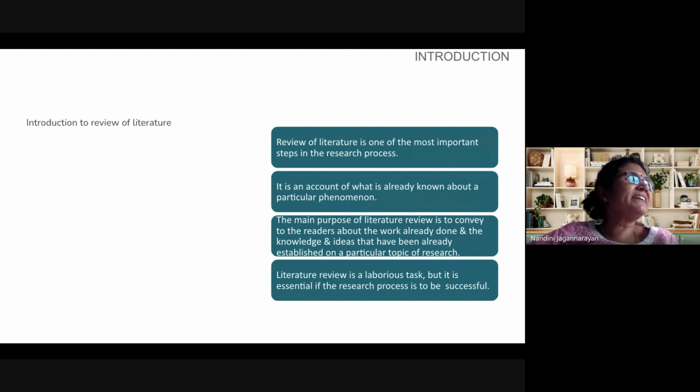How did they collect the data? Did they use a questionnaire, a Google form, or secondary sources of data? Did they sum up opinions that people had already given? All these methods, what methods did they use? And then what was the finding of that research, and what did they conclude?